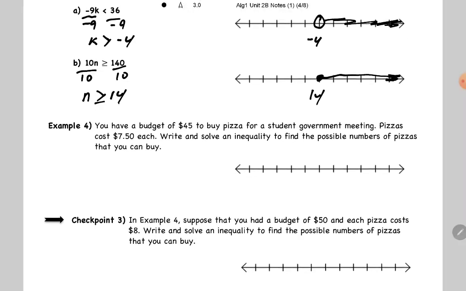You have a budget of $45 to buy pizza for a student government meeting. Pizzas cost $7.50 each. So write and solve the inequality to find the possible numbers of pizzas that you can buy. So x is the number of pizzas.